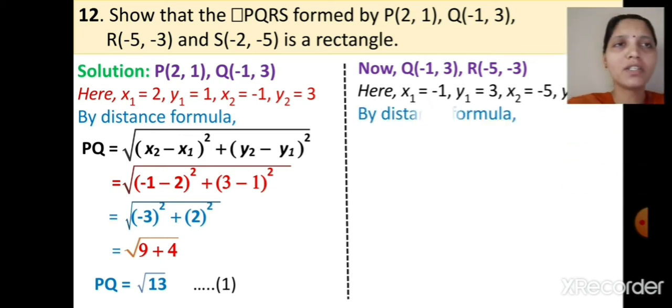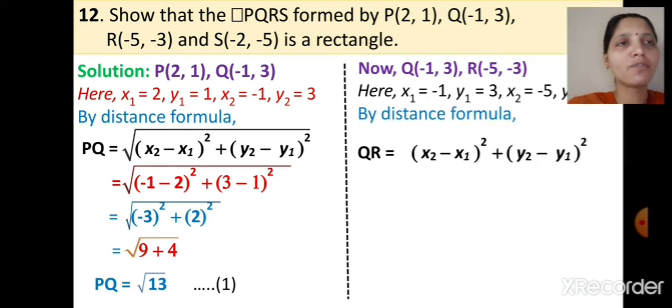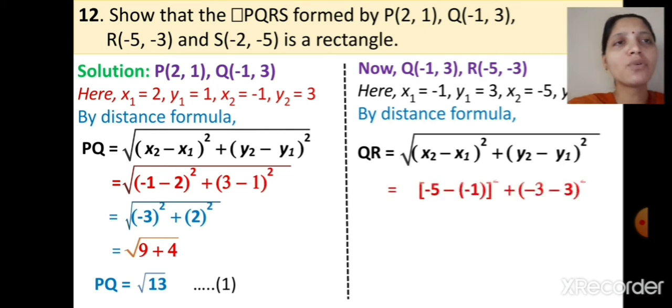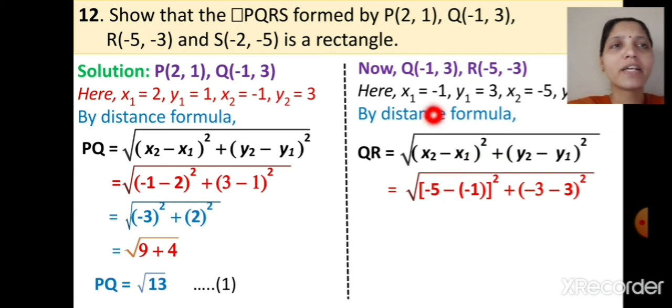So by the distance formula, the distance of QR is equal to square root of (x2 minus x1) whole square plus (y2 minus y1) whole square. Now let's substitute the values here. x2 is -5, so -5 minus (-1) bracket square plus -3 minus 3 bracket square.